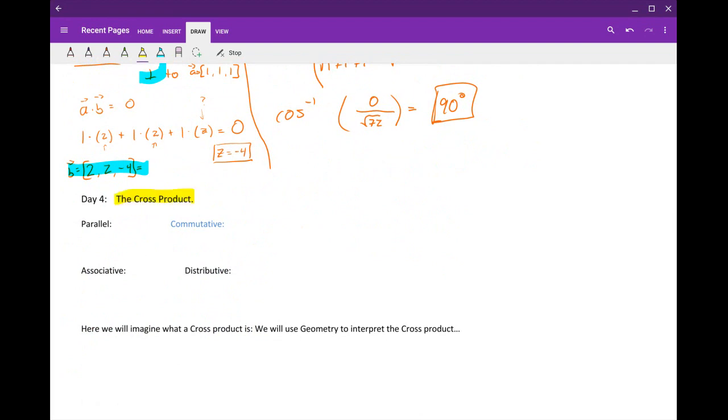And the cross product is similar to the dot product in that it inputs two vectors, but it's different because the output is a vector, not a scalar, and it actually requires three-dimensional thinking because the output vector is guaranteed to be in a third dimension relative to the two input vectors, right?